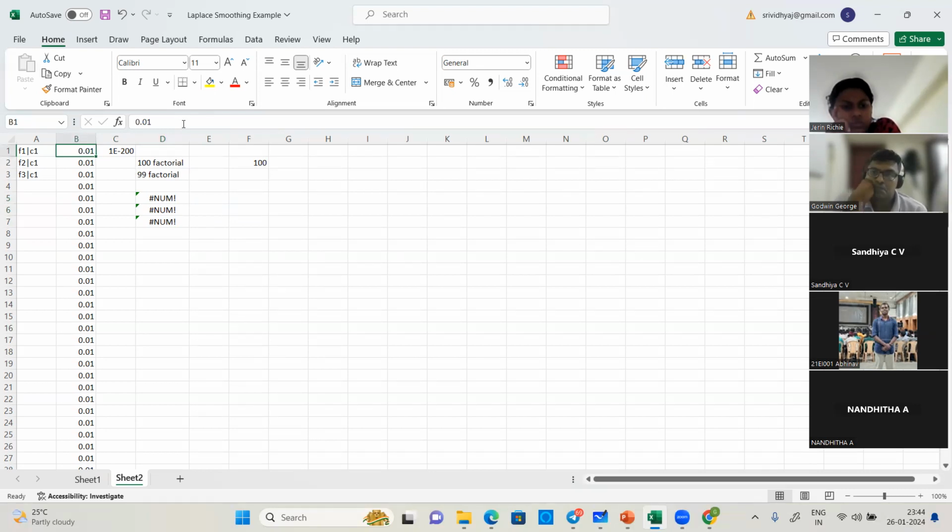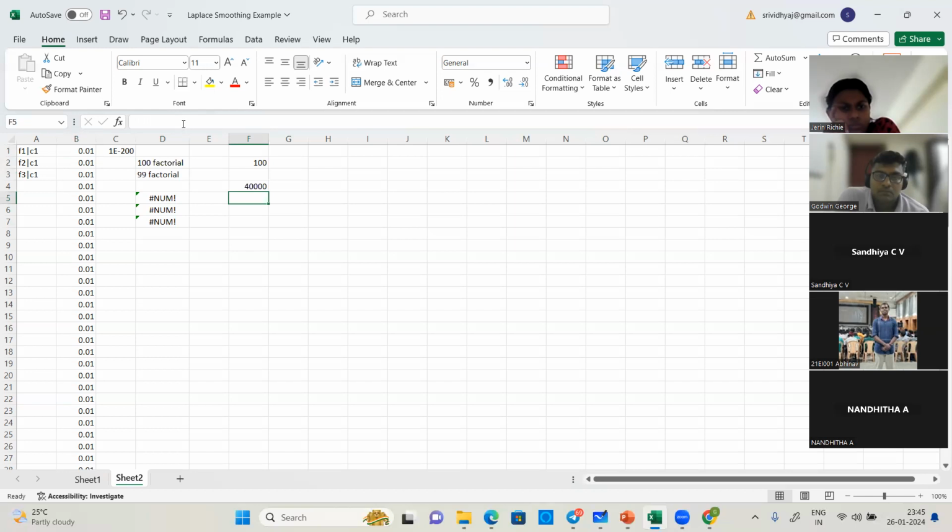But if it's a very, very small number and if there are a lot of features, just imagine the English language and its vocabulary, folks. If the English language has 40,000 words, then in a practical scenario your vocabulary is 40,000 words, so you'll be dividing by 40,000.